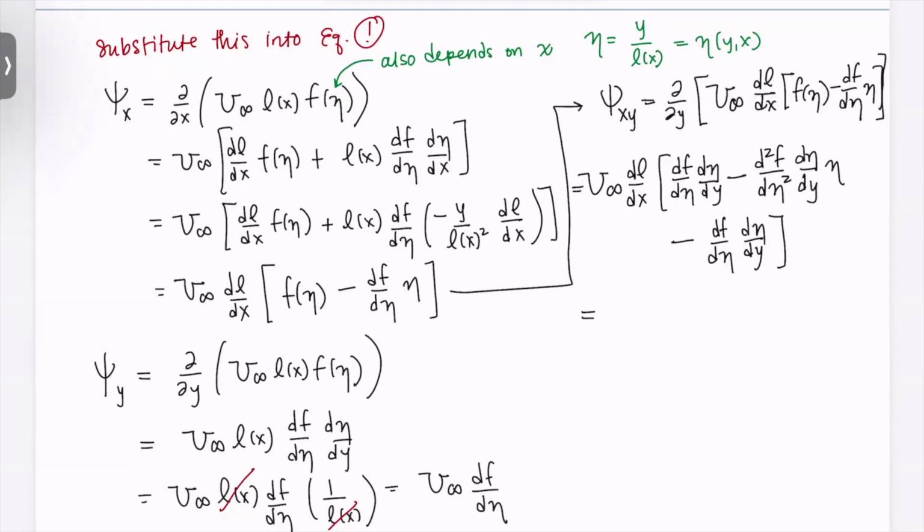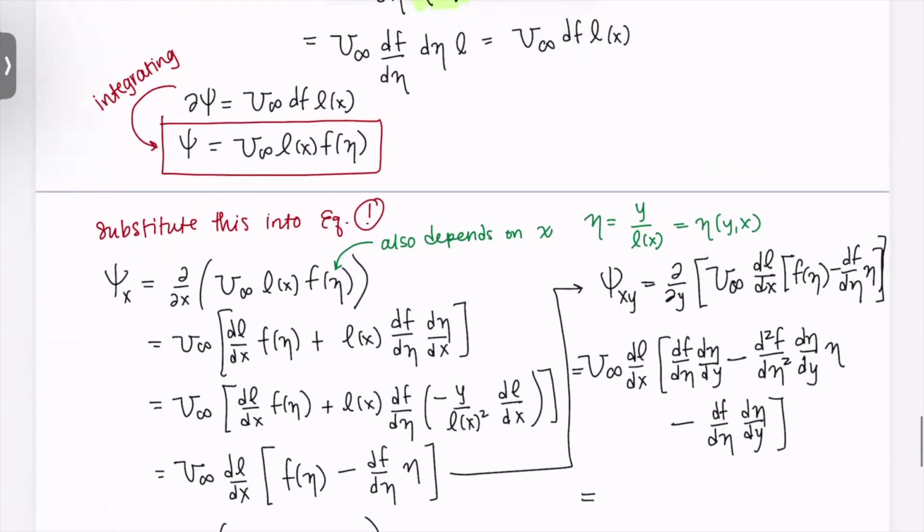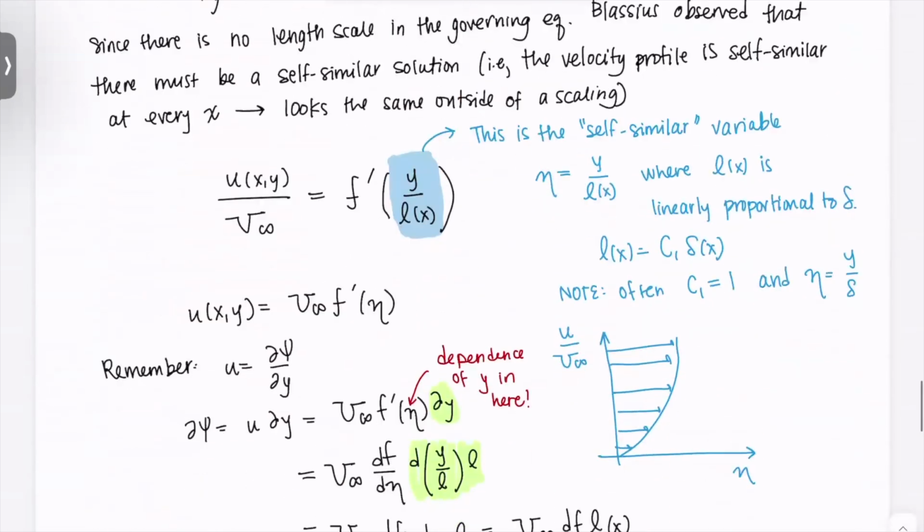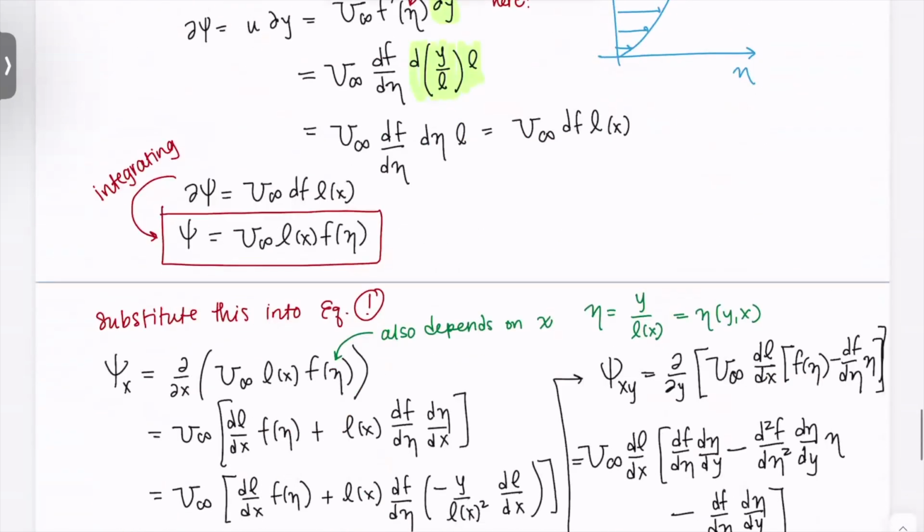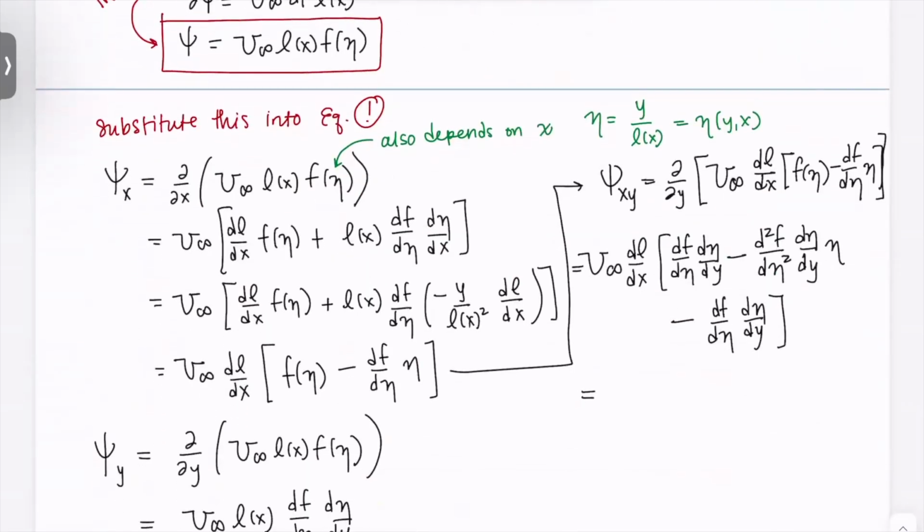Okay. All right. Remember d eta dy is 1 over L of x. So this is 1 over L of x, right? Here and here and here.